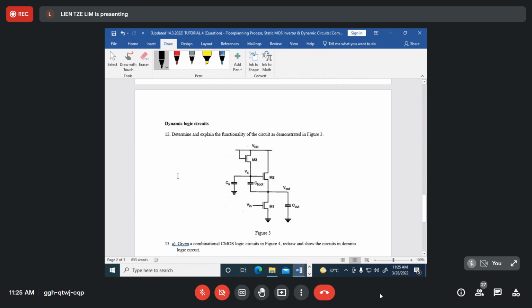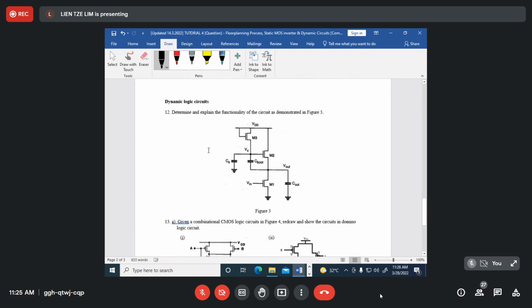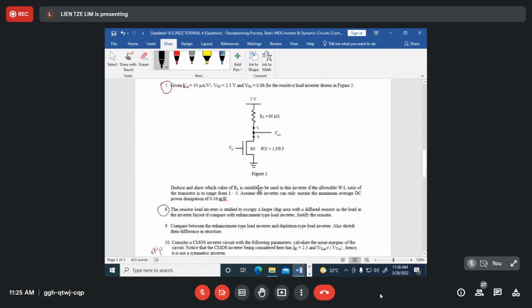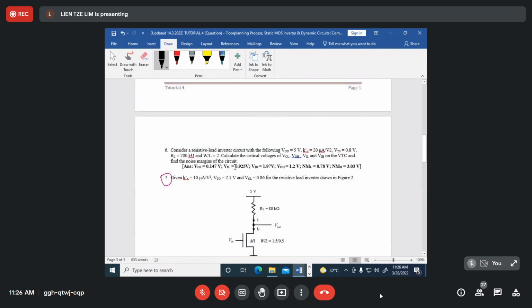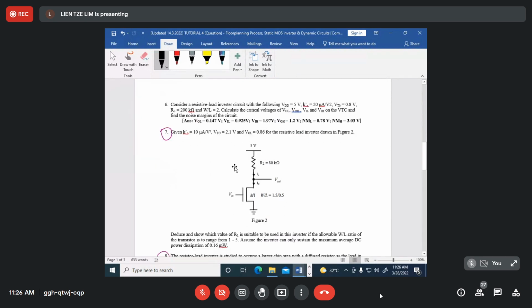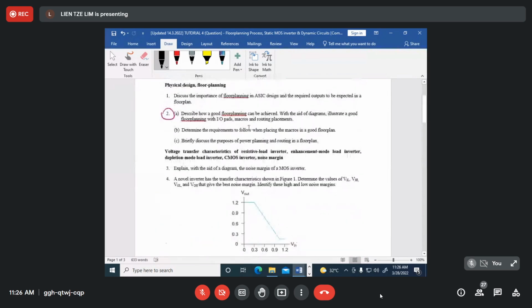Maybe in the next class, on Wednesday, I will continue with these questions. For the other questions on the CMOS inverter and resistive load inverter that I have not discussed, they are not difficult. I hope that when you do the revisions, you can try all the questions.